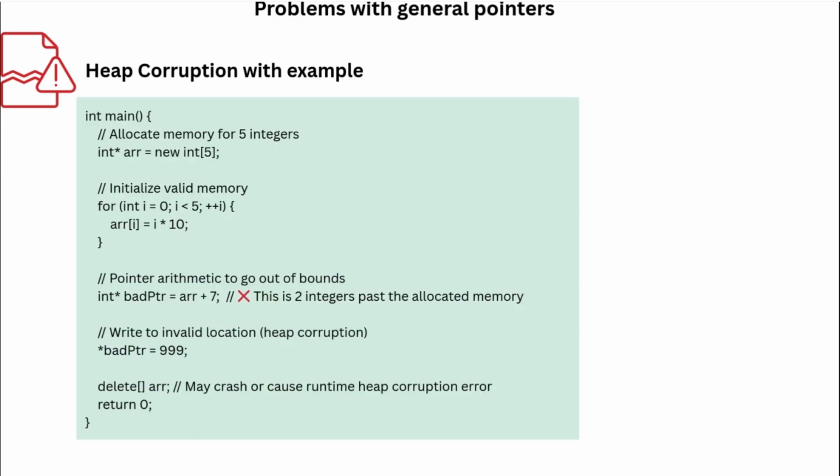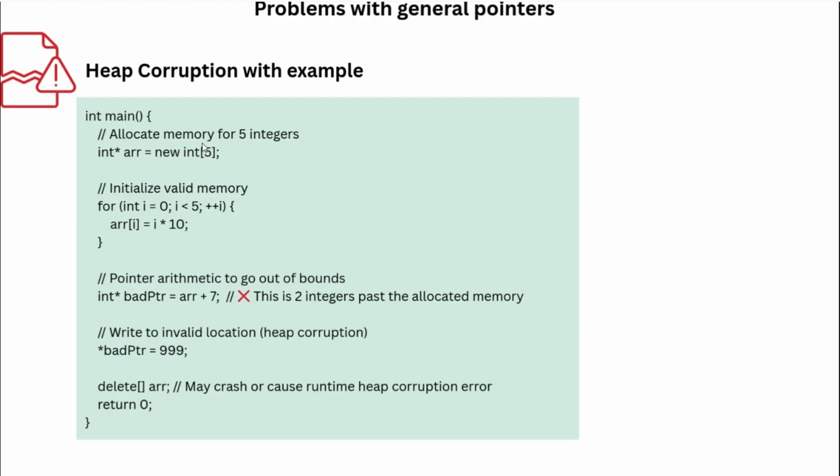Okay, so we will see another problem, an example of how heap corruption happens. Let's say I have a memory array created and initialized, and now I have a pointer. I did pointer arithmetic, arr plus 7.